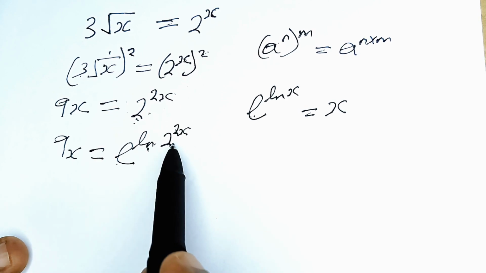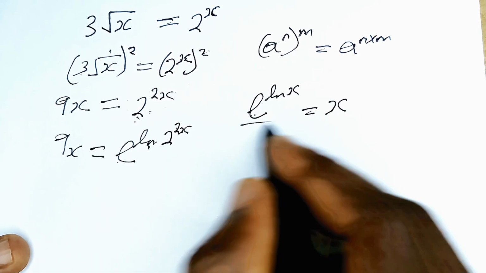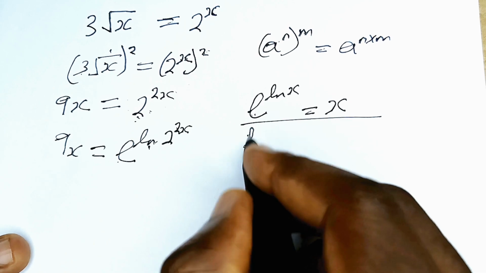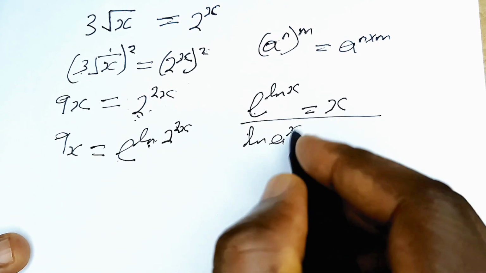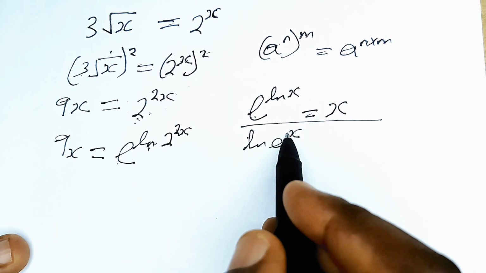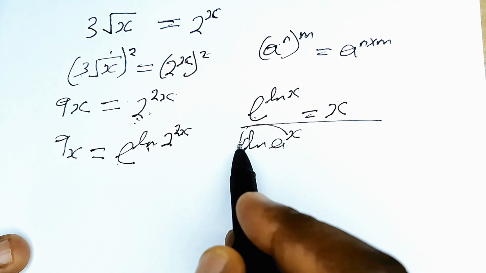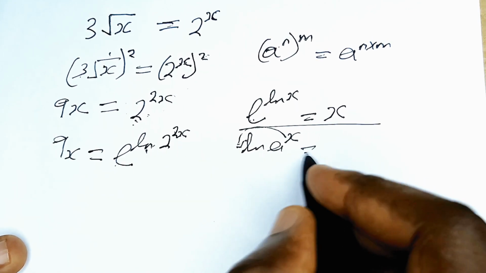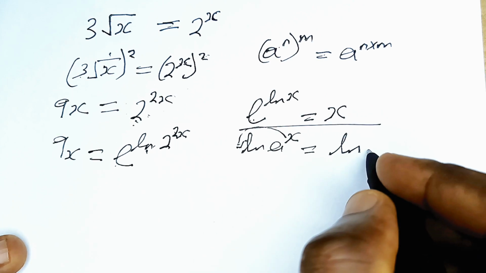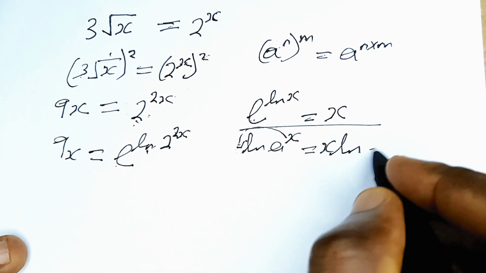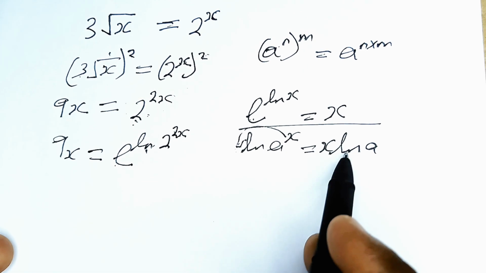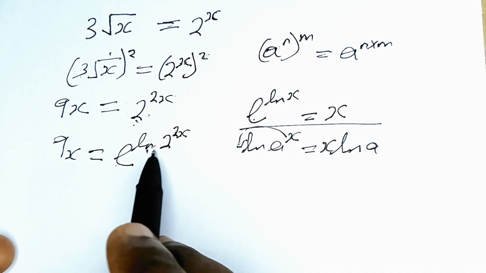The next thing we have to recall is that when you have ln a raised to power of x, under the law of logarithm, this power can slot in front of ln a. So we now have x ln a. Let's use it here.